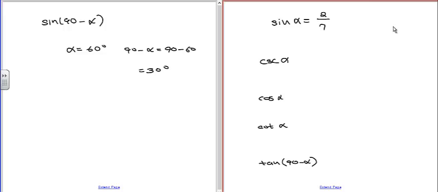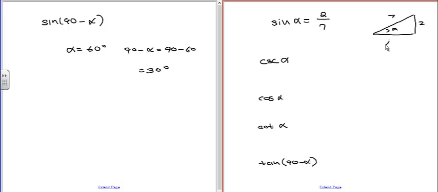Again, what you're going to do is create a right triangle. This triangle is going to have a reasonably small angle based on these numbers here. So let's call this alpha. So opposite over hypotenuse, and that makes the adjacent side.